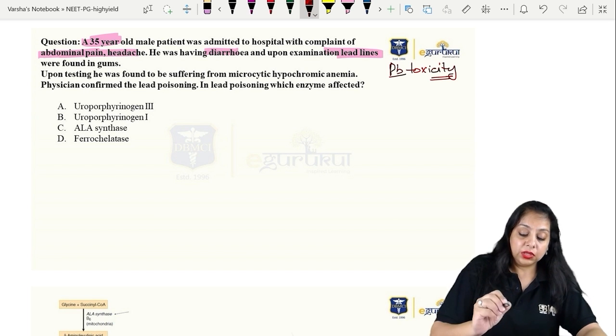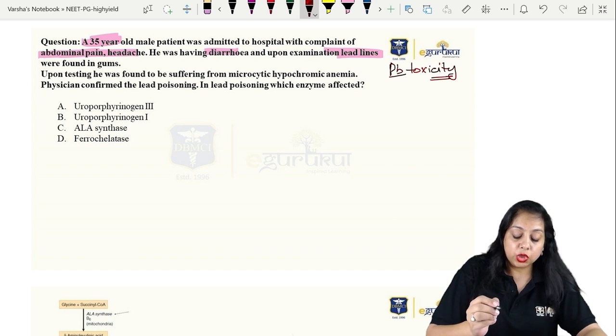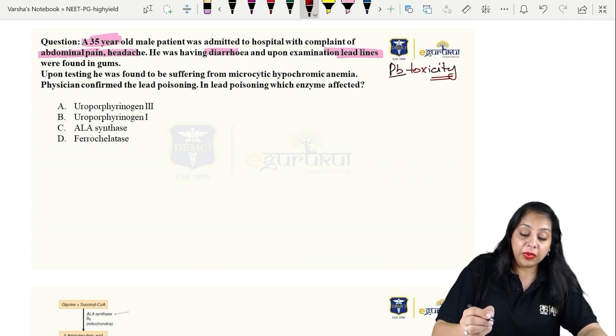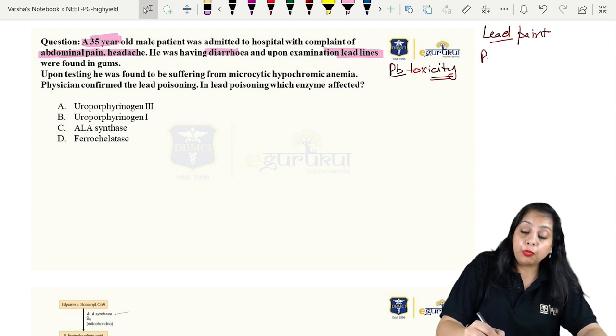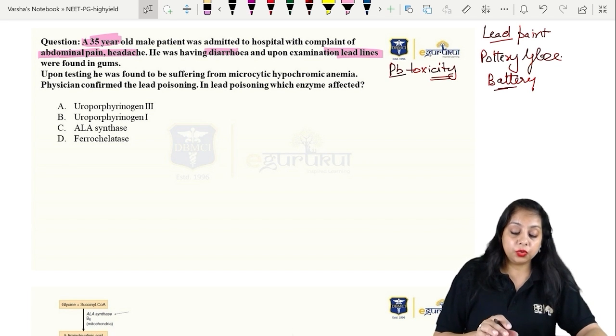The patient gets lead exposure from many places. Maybe he works in a factory, got exposed to lead paint, also pottery glaze and batteries. Exposure to them leads to lead toxicity.